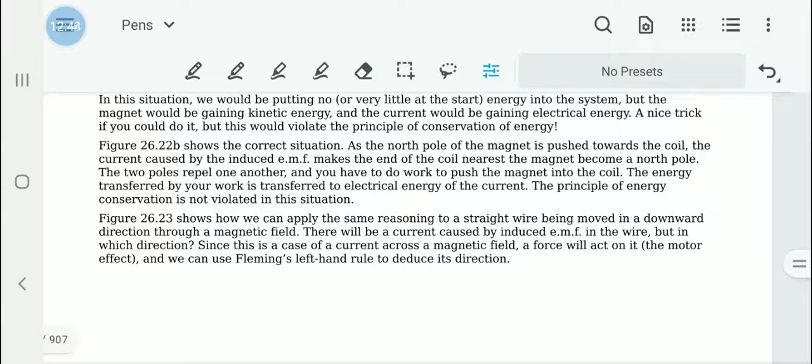There would be repulsion. Because there is repulsion, we have to do more work to push it in. This additional work done is what is converted into the electrical energy of the current. As a result, the principle of conservation of energy is intact in this situation and is not violated. There is a form of energy being transferred, because we cannot create energy out of nothing. I hope that makes sense now.